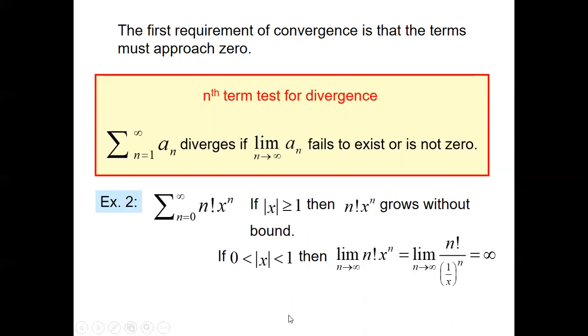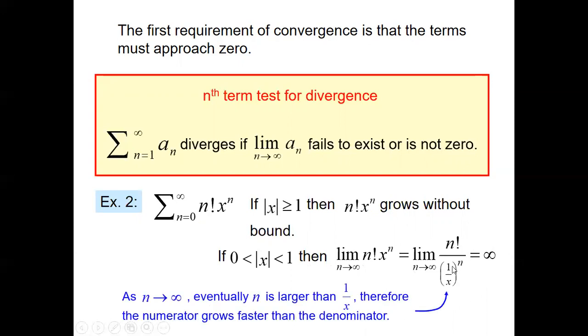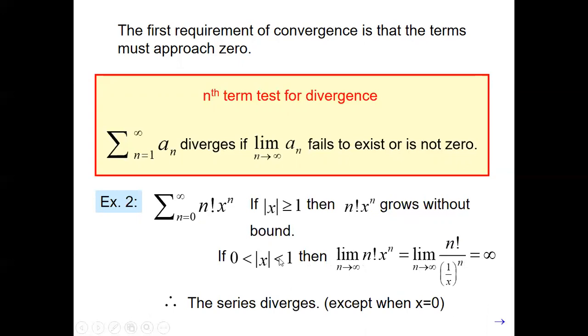And now I'm looking to see that eventually these fractions aren't going to grow as fast as this n factorial as n approaches infinity. So the numerator is still going to be growing faster. Therefore, this is going to head towards infinity, so that's not going to 0 either. Therefore, we can say that this series diverges.